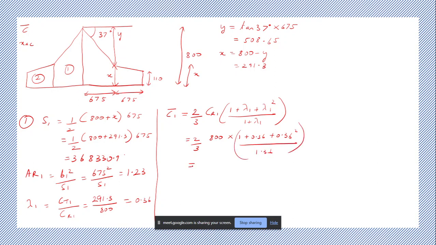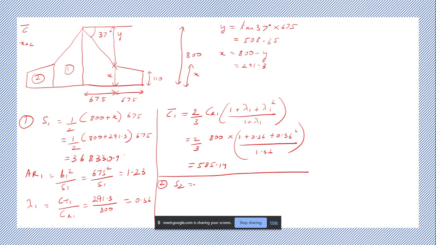So what is this value? Someone calculate and let me know. What is the value? 585.14.